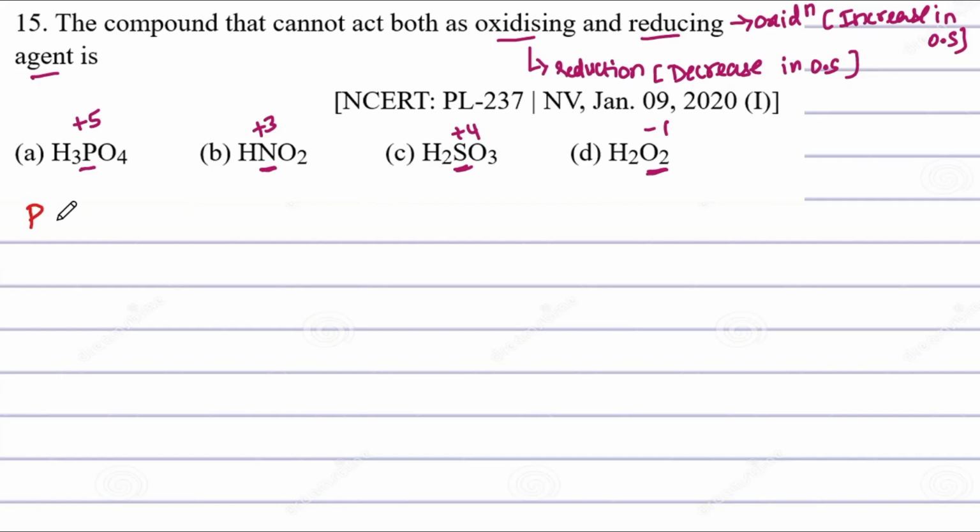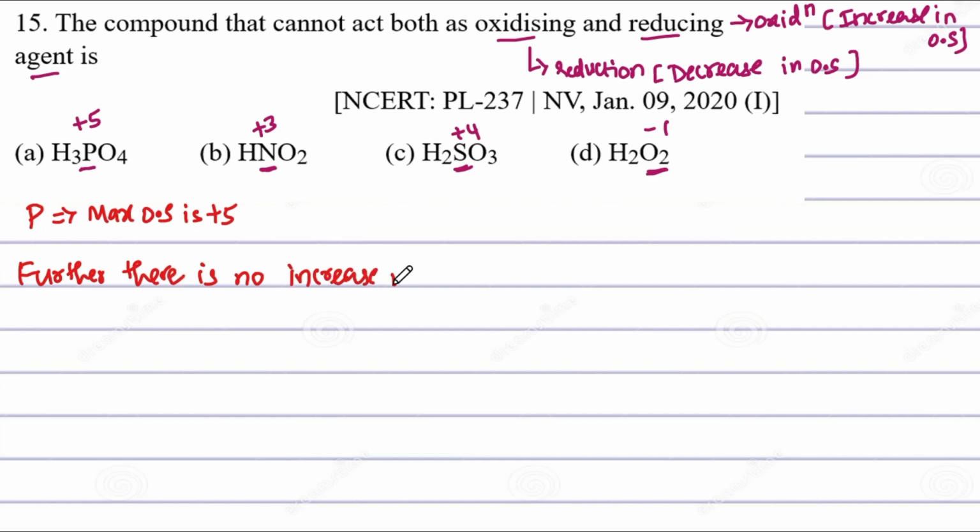For phosphorus, the maximum oxidation state is plus 5 only. So that plus 5 is already exhibited by phosphorus in this compound. So further, there is no increase in oxidation state for phosphorus because phosphorus has a maximum oxidation state of plus 5 only.